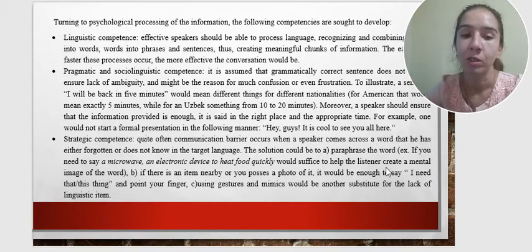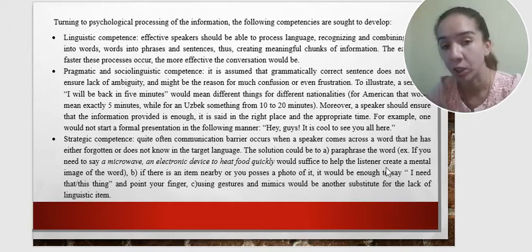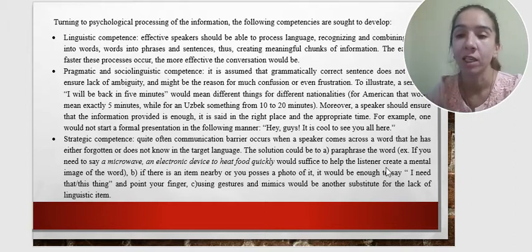So then a person should have a good pragmatic and sociolinguistic competence, which means that a person should think of how different sentences could have different meanings in different situations, and how one sentence acceptable for one culture could be quite unacceptable for another.